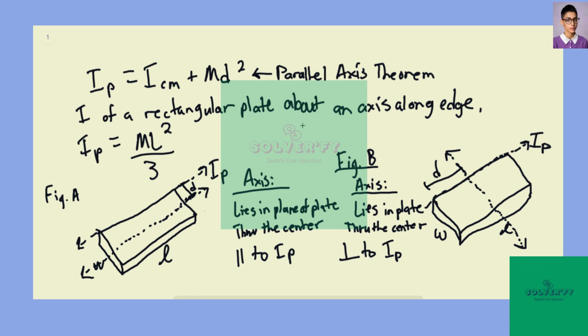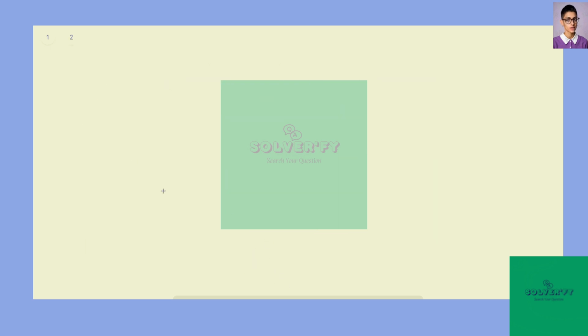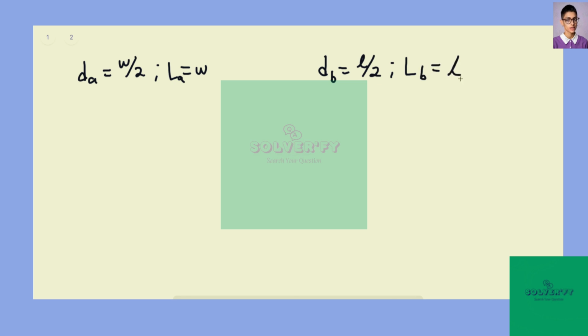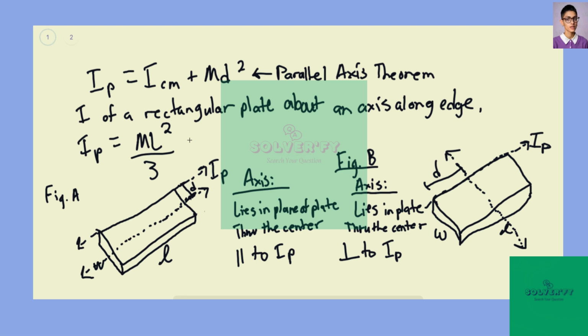So at this point, we have drawn our two figures, and we can attempt to work. The distance for figure A, we can say, is going to be the width over 2, and the length will be the width for A. And we know that the d for B will be the length over 2, while the L for B will simply be L. We know that I_CM equals I_P, and this time we have manipulated this equation.